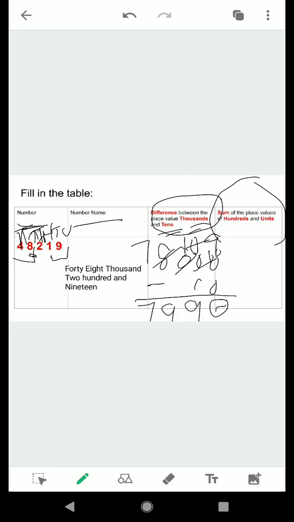Similarly, for the last column, we have to find the sum. Sum means which basic operation, friends? Addition, subtraction, multiplication or division? Correct. Sum is addition. So we have to add the place value of hundreds and units. What do we have in the hundreds place? We have 200, and in units we have 9 units. Sum means add, so I'm going to add.